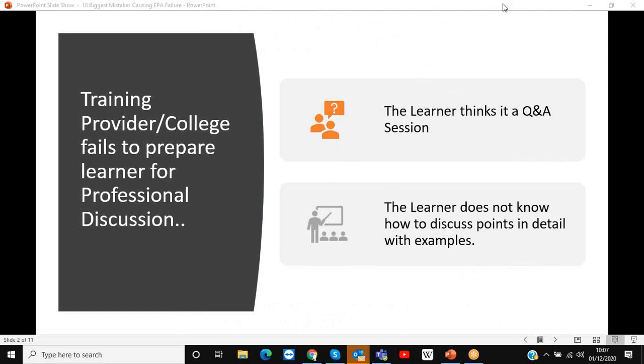Usually we're looking for five separate elements within a professional discussion, particularly when we're discussing topics such as the CPD log. We want to understand why the learner chose that particular CPD activity, what they hoped to achieve from it, what they actually did in order to achieve that activity, and then what they actively learned and how that's improved themselves or their performance within their job role.